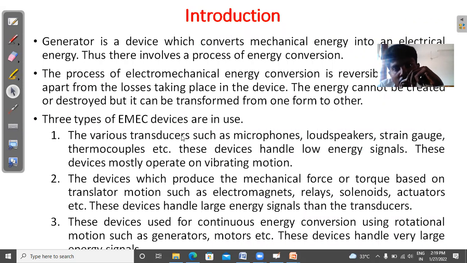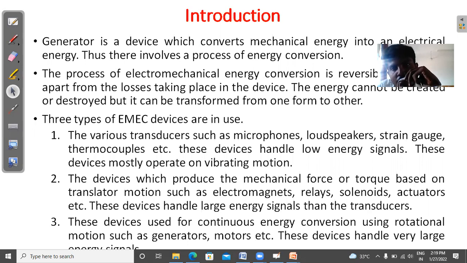Generally, DC machines can be classified into two types: one is the DC generator, and the other is the DC motor. We know that a generator is used to convert mechanical energy to electrical energy.